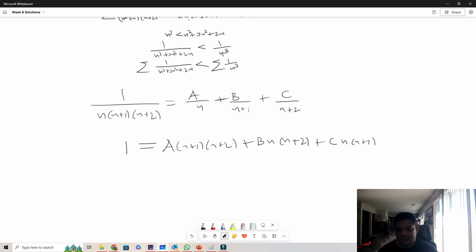So if, let's say, n equals 0, assuming that n is a real number, we're going to have that 1 equals, this is going to go away in those two cases, and then we're going to have 2a. So we can have that a equals 1/2.